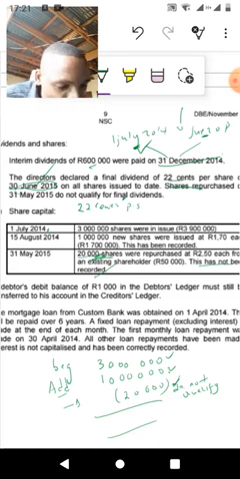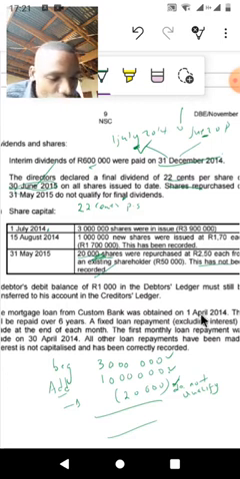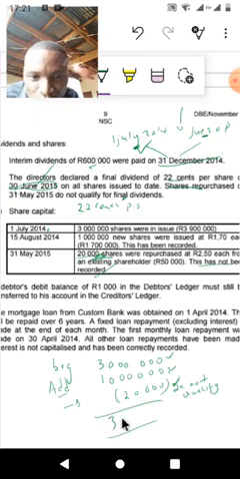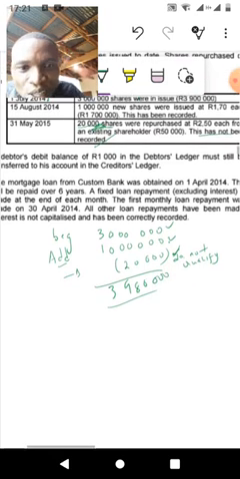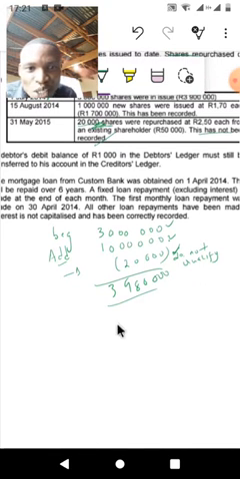4 million minus 20,000 is 3,980,000. Now it's easy to calculate the final dividend because it depends on this number of shares. So we're going to say 22 cents.